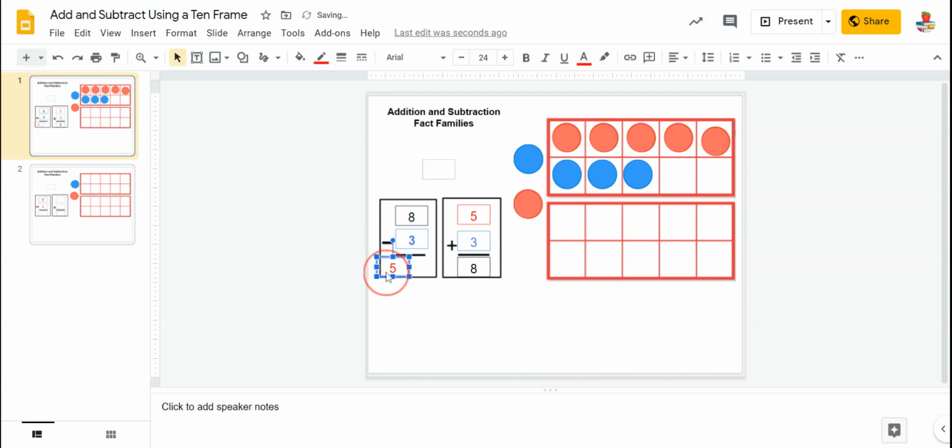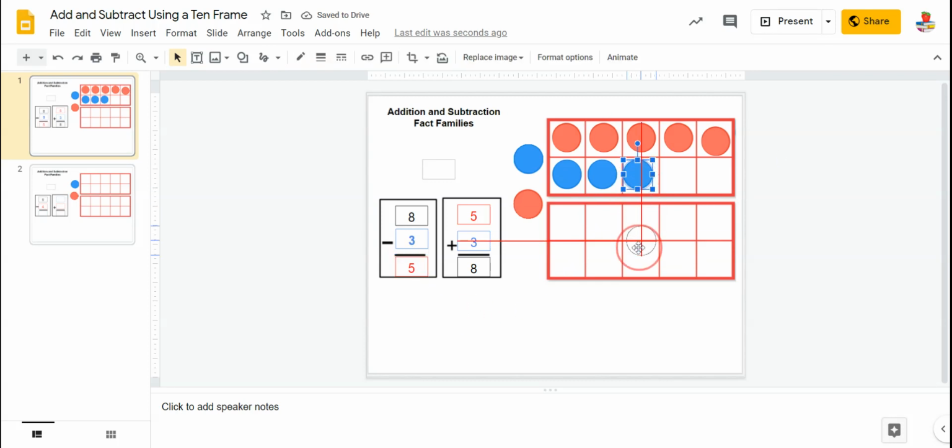It's going to equal 5. If I have 8 and I take these 3 out, it's going to equal 5. It's the same numbers that I'm using in my fact family. Whether I switch around my add-ins in addition, or I switch the answer and the bottom number in subtraction, I'm still using the same numbers.